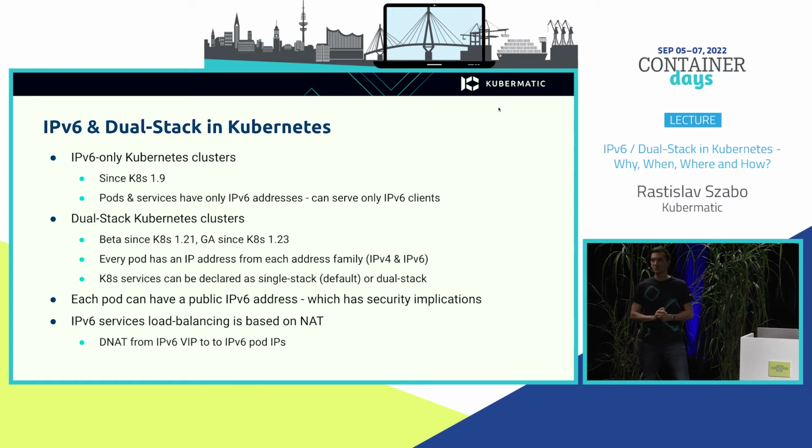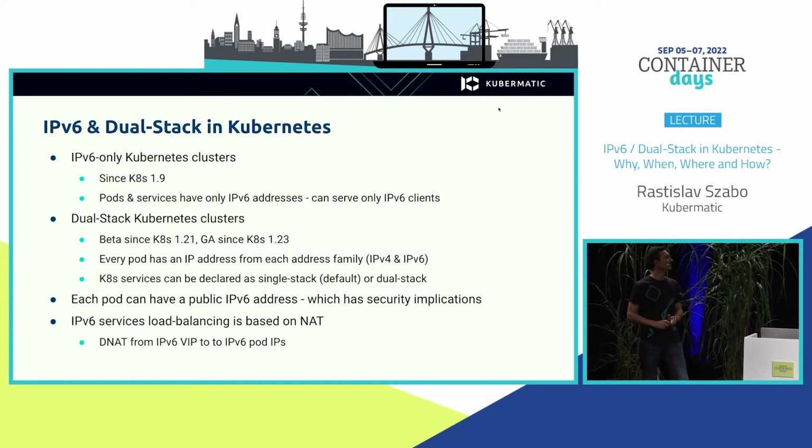In theory, each pod in your cluster can have a public IPv6 address if you set it up that way. It doesn't have to, but it can. What we use for load balancing between the services is, unfortunately, again network address translation. The virtual IP address of a Kubernetes service would be destination network address translated to pod IPs, as we do in Kubernetes for IPv4.